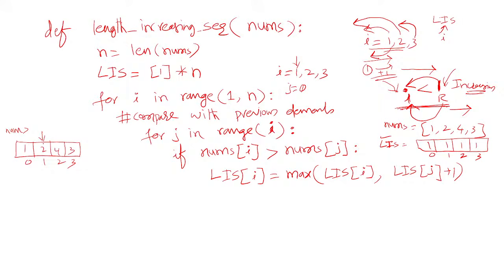That means I am checking whether 2 forms an increasing sequence with the previous elements or not. What are the previous elements? We have only this one previous element. Now j value is 0 here. So now I am checking whether these two elements form an increasing sequence or not.